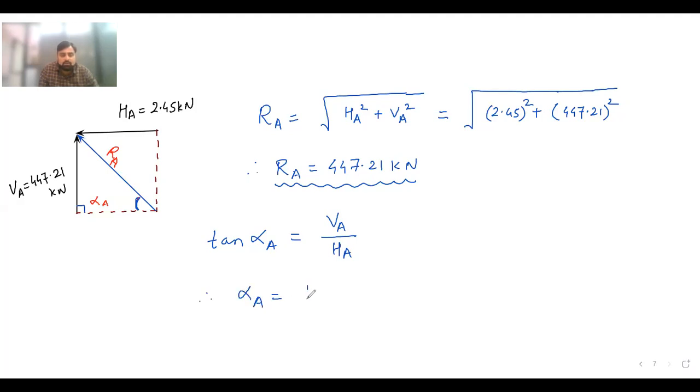So alpha A is equal to tan inverse of VA upon HA. VA is 447.21 divided by HA, which is 2.45.